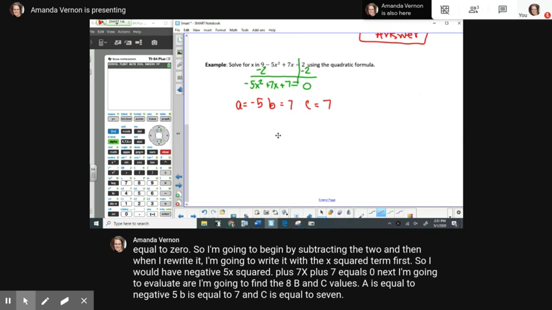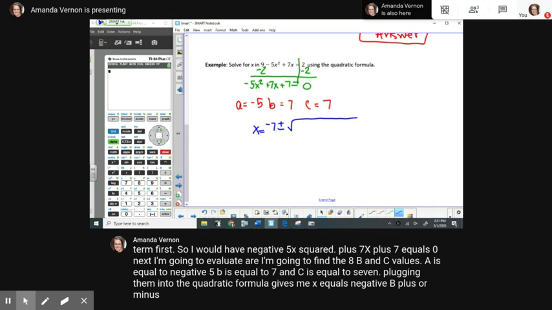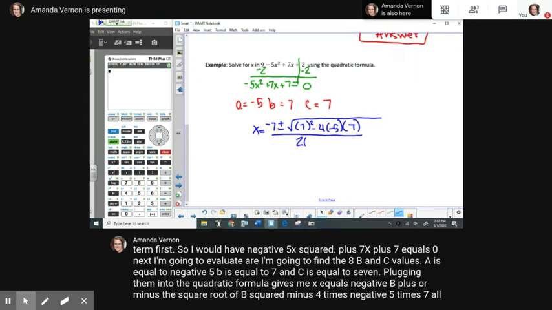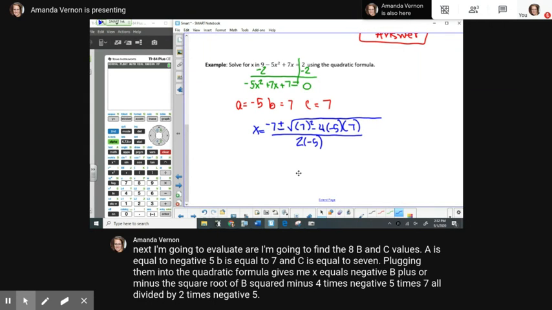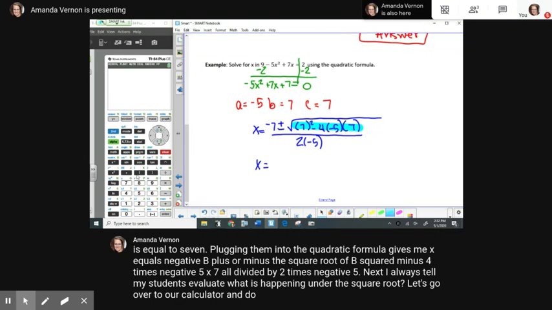Plugging them into the quadratic formula gives me x equals -b plus or minus the square root of b squared minus 4 times -5 times 7, all divided by 2 times -5. Next, I always tell my students, evaluate what is happening under the square root. Let's go over to our calculator and do that now.